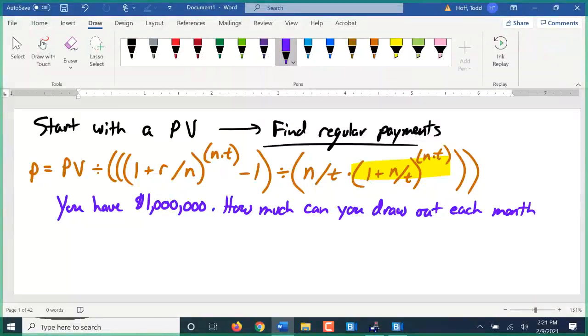Now, we need to know two more things. One, we need to know what the interest rate is. When you're drawing out, you tend to invest in a little bit safer fund, so you get a little bit lower interest rate. So let's say at 8%.